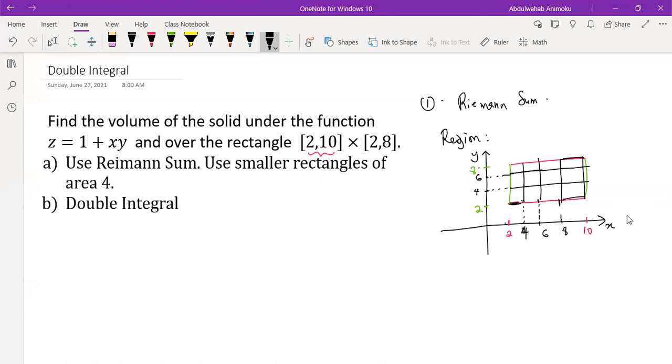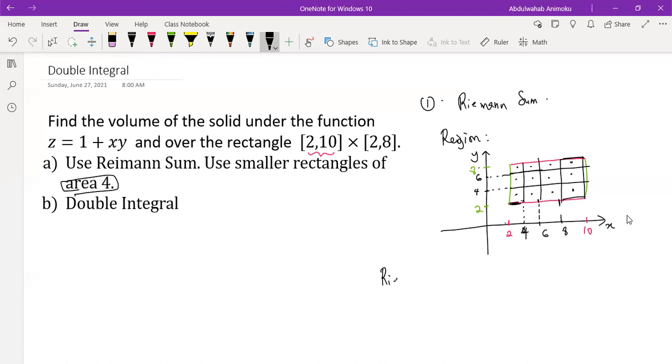So now that we have this, we know that the area of any of these is 4. Now you'll be thinking, why am I putting all these dots? I will explain in a bit.